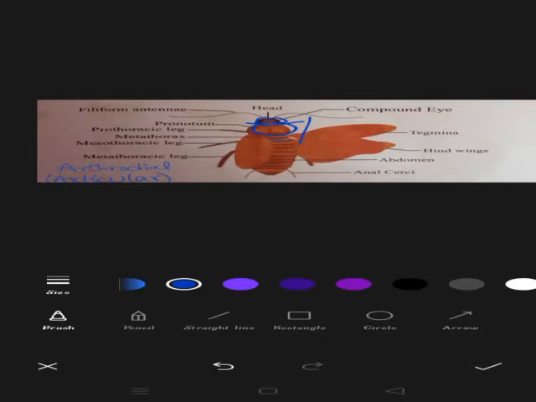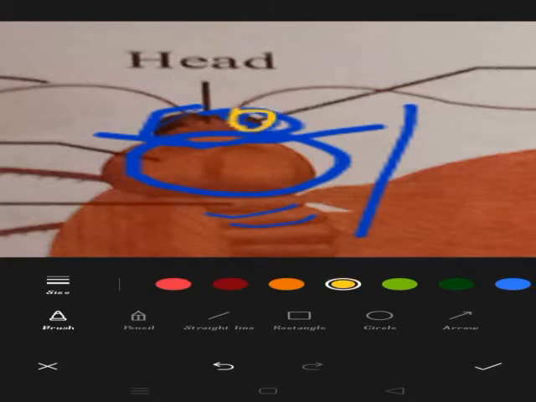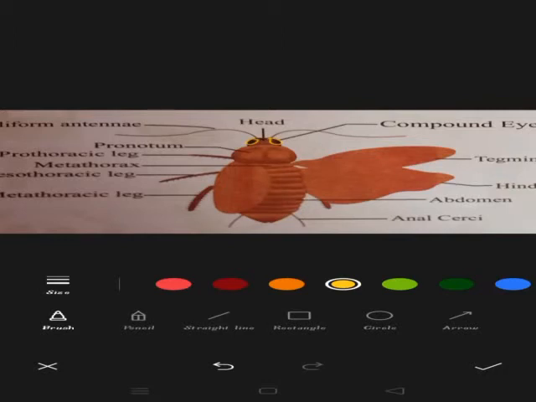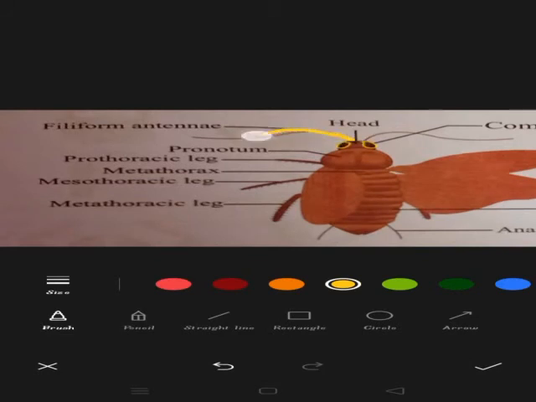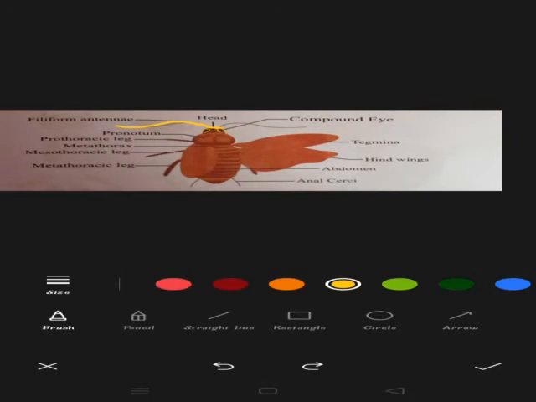The head region comprises sense organs. It contains filiform antennae, eyes, and mouth parts.